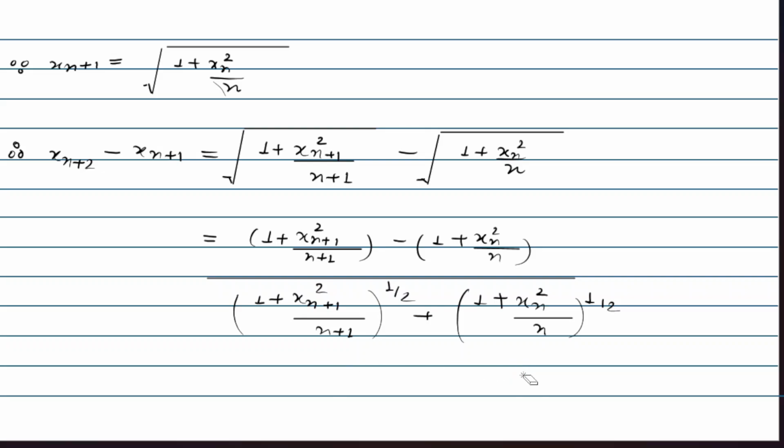So the denominator is positive also. Name this k, and this is positive. Therefore, if I erase this and write k here, it will be convenient for me.